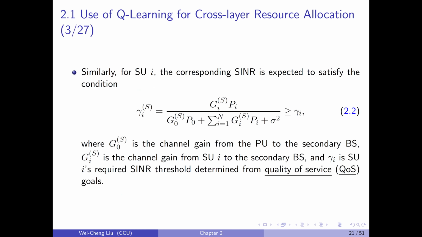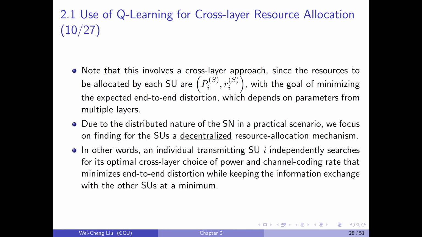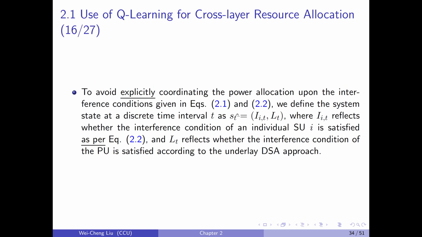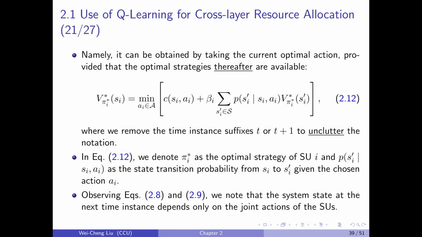Let us go back to the page of the system state. This page. And L_t reflects whether the interference condition of the primary user is satisfied according to the underlay dynamic spectrum access approach. So we can know that system state s_t is equal to the (I_t, L_t) pair. Let us go back to page 39.